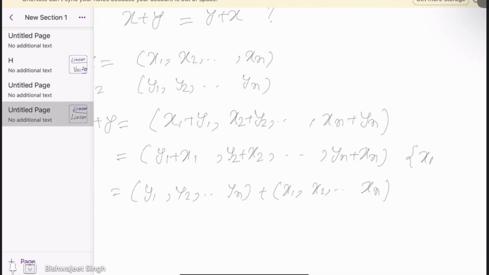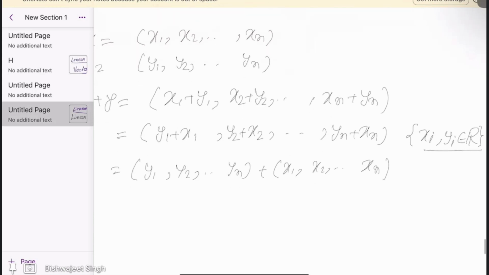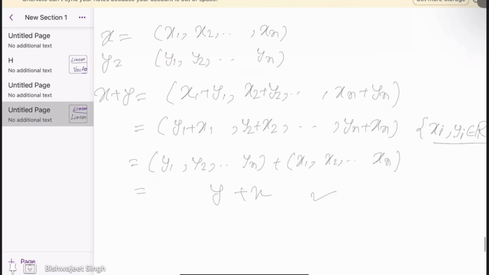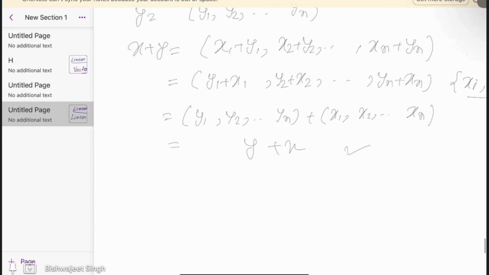Because xi and yi are real numbers, and real numbers are commutative. If I take two real numbers, it doesn't matter in which order I add them. And this is equal to y plus x. So this is how my first property is satisfied.